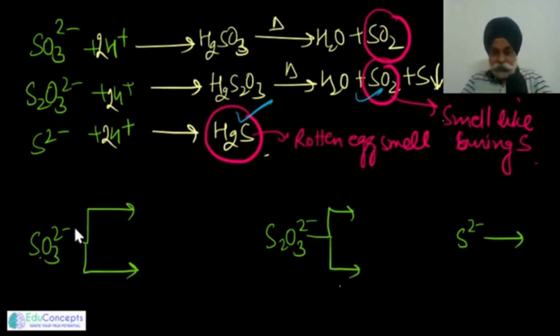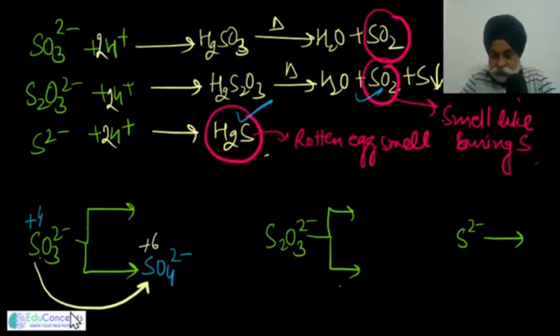The second thing is, as they have treated it with zinc, this sulfite ion, which is in the +4 oxidation state, can go to sulfate, which is in the +6 oxidation state. When it goes this way, it is acting as a reducing agent.